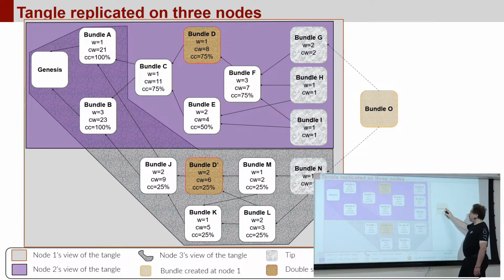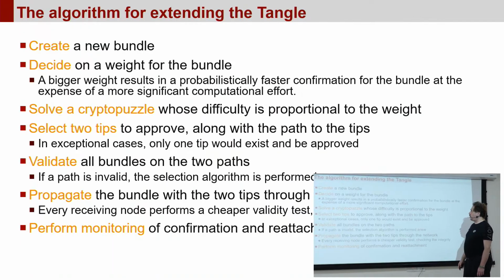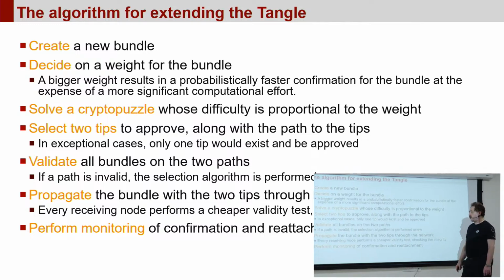It can only approve a tip, but it needs to select which of the tips it wants to approve. So here's the algorithm for creating a new transaction and extending the tangle accordingly.